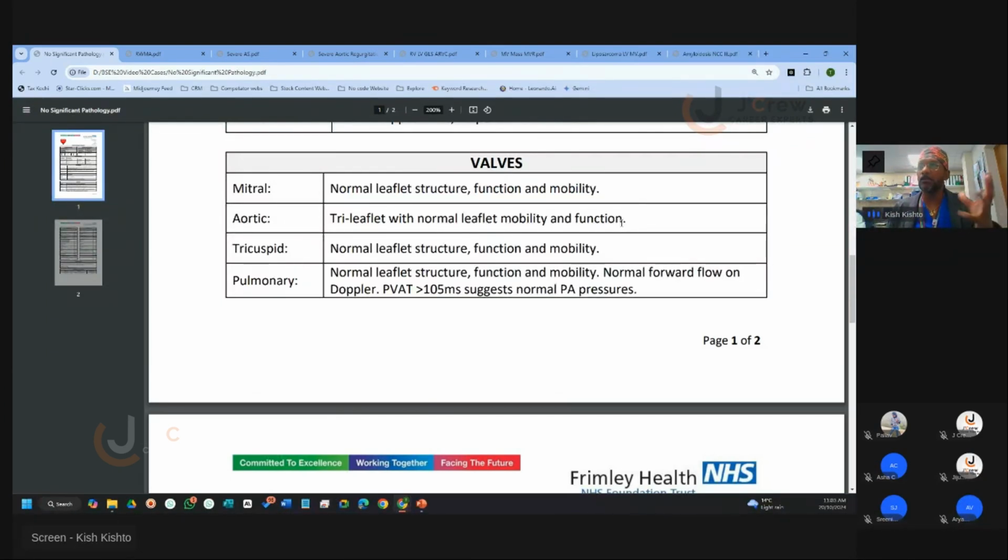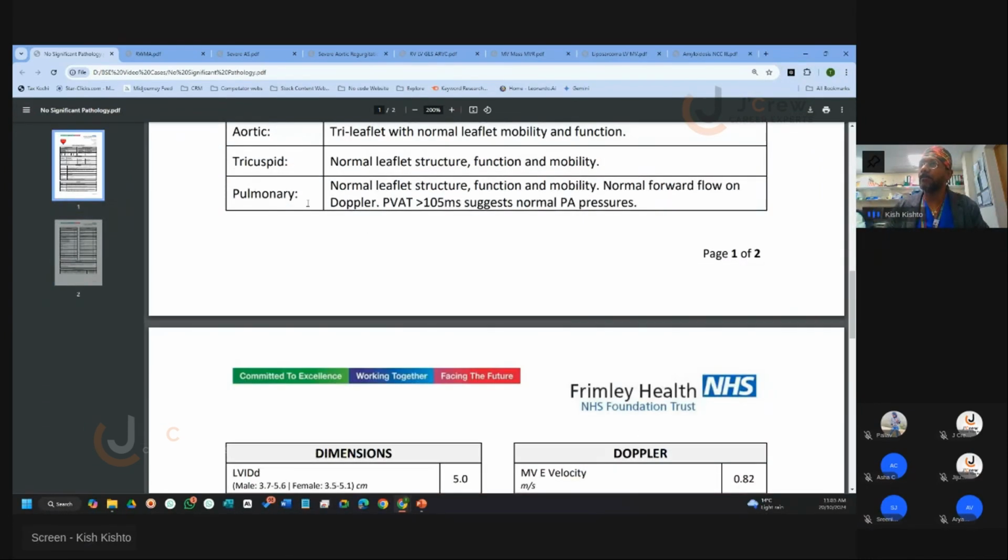So you use this type of wording, and normal forward flow, no significant gradient. And your tricuspid valve again, normal leaflet structure, function, and mobility. And for pulmonary, if you've seen the valve, you comment on it. If you haven't seen the valve, just write unable to see the valve, and you can't define the morphology or anything like that.